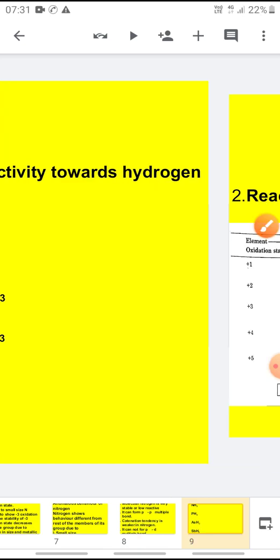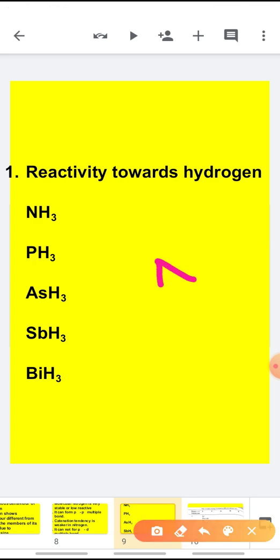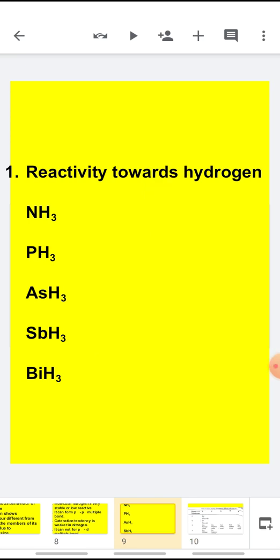Now, in these hydrides, this is nitrogen, this is the lone pair of electrons, and these are the 3 hydrogen atoms which are arranged in the form of a pyramid. So, the shape you can simply say is pyramidal.